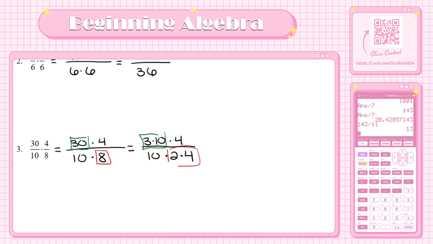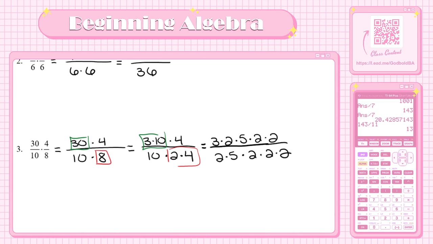So if you want to keep going, and I recommend that if this is kind of uncomfortable for you, you do keep going, okay? Because I could go ahead and cross out my 10s and cross out my 4s, but if you want to keep going, you can say this is 3 times 2 times 5 times 2 times 2, and then 2 times 5 times 2 times 2 times 2.